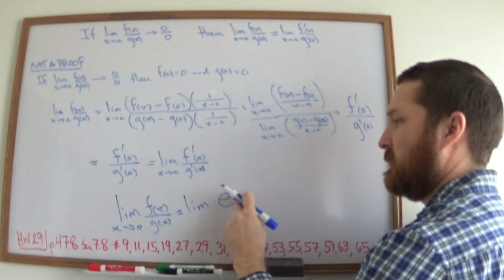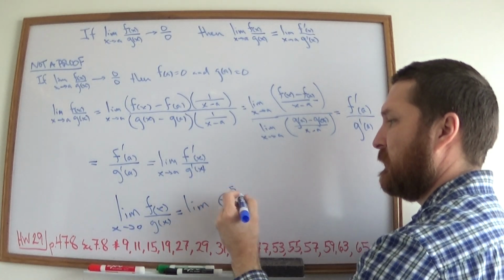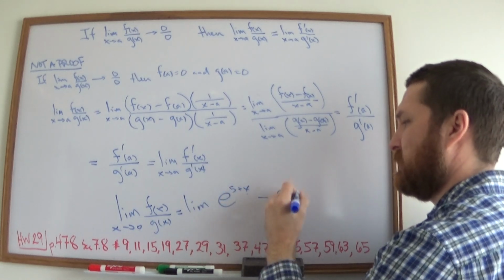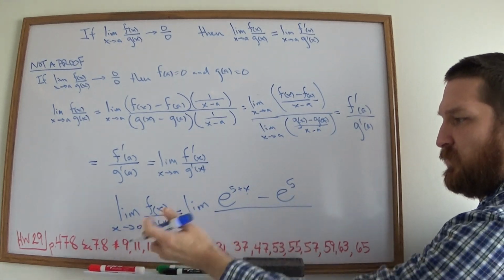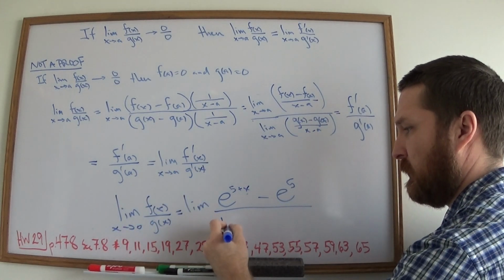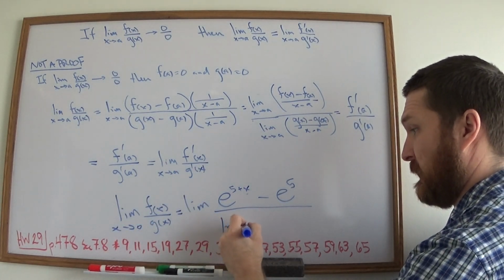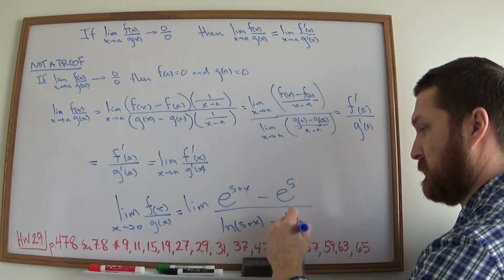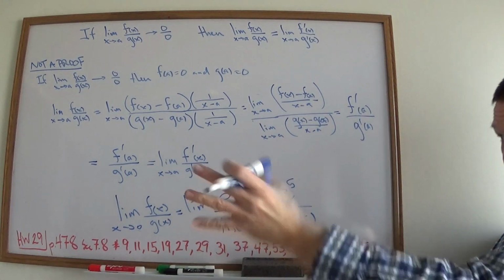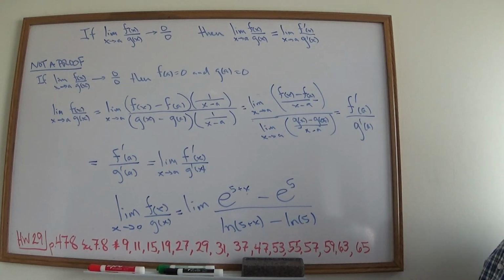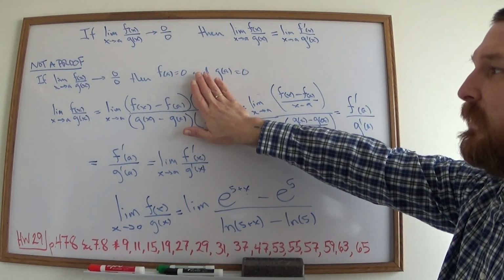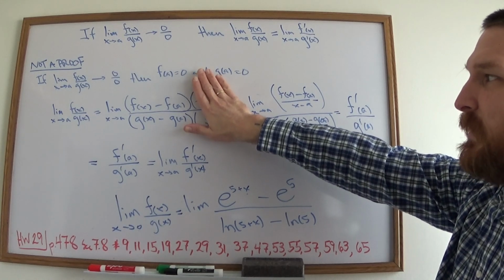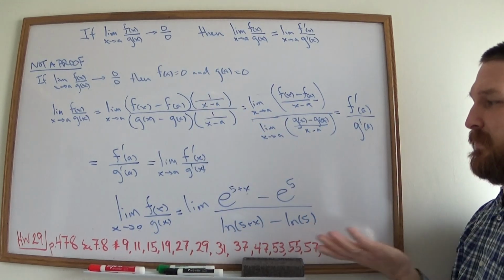I could say this is the same thing as e to the 5 plus x minus e to the 5. And that's the same, gee, wow, how about 5 plus x minus log 5? So this step right here bugs me. I don't like it. It's not quite rigorous because, well, why don't you just do that?